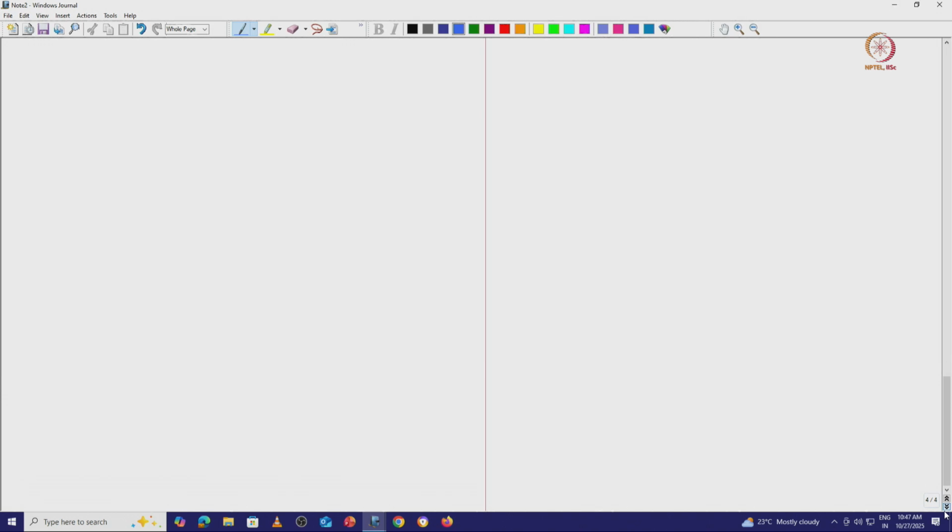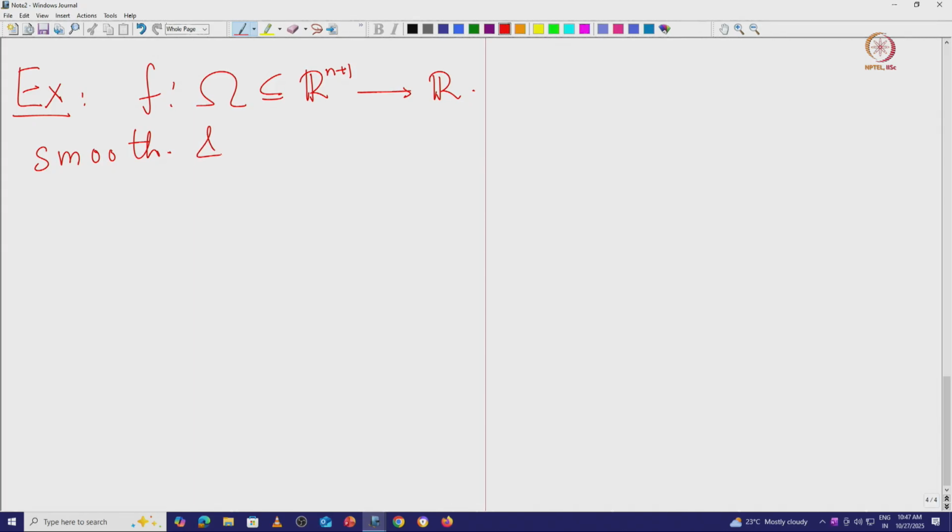Okay, so a typical example that will be of main interest to us will be the following. Let f be a smooth function on some open set in R n plus 1, and c is a regular value.